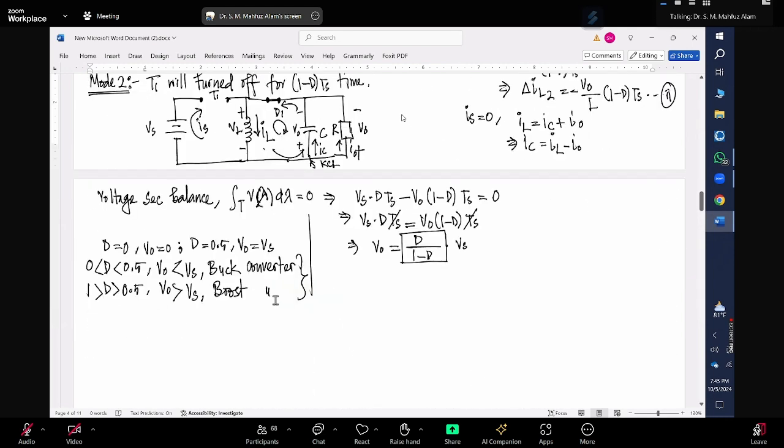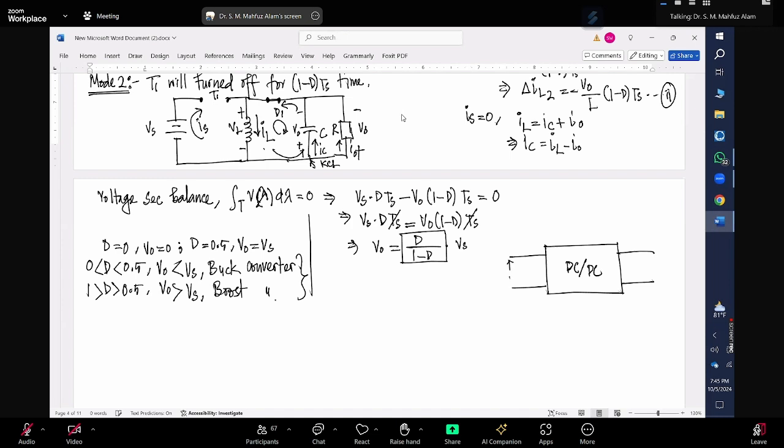Okay. So basically, in the last class also we said the DC to DC converter is basically a DC transformer, right?